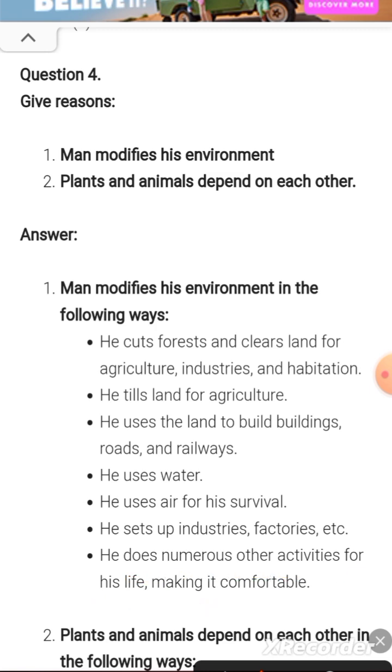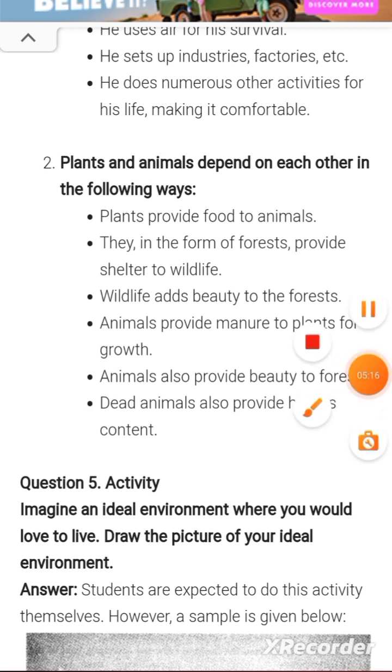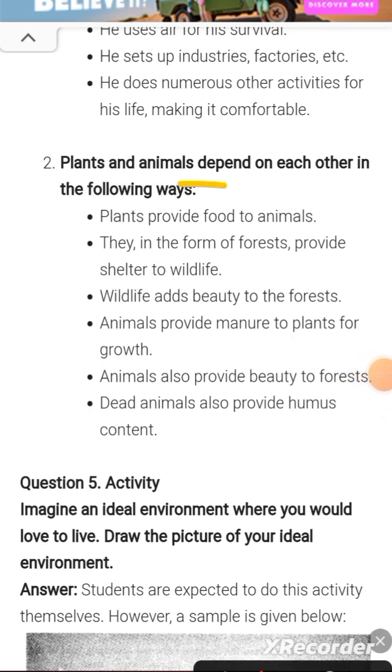Now the second question is, plants and animals depend on each other. So the answer is, plants and animals depend on each other in the following ways. First, plants provide food to animals. Second, in the form of forest they provide shelter to wild animals.